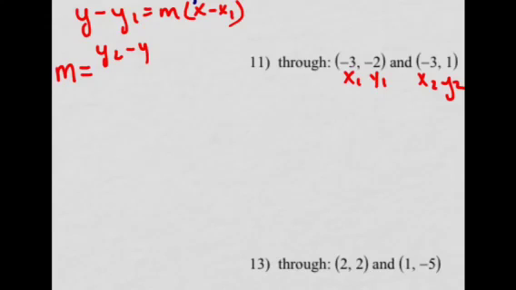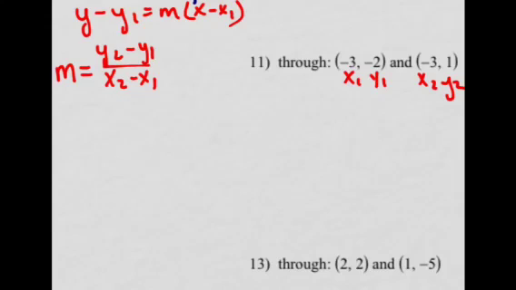I know I'm going to use my point-slope equation, y minus y1 equals m times x minus x1. And I need to get m, so that means I've got to use my slope equation, y2 minus y1 over x2 minus x1. Plug and chug.